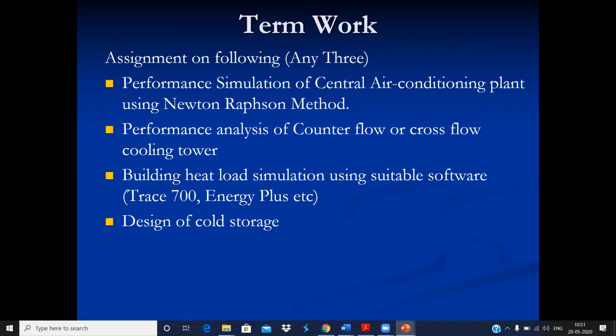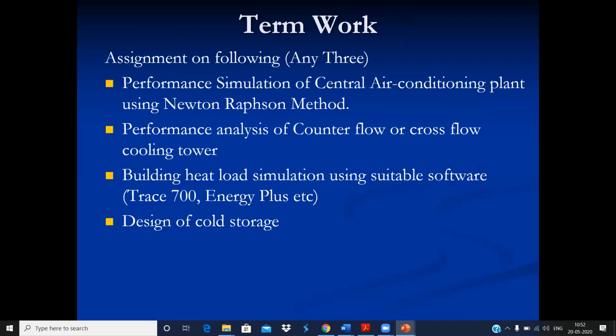Then performance analysis of a counterflow cooling tower. If time and the situation permit, we'll take this practical on our existing cooling tower. But if not, I have developed a simulator, so with its help you can analyze the performance of the counterflow cooling tower as well.